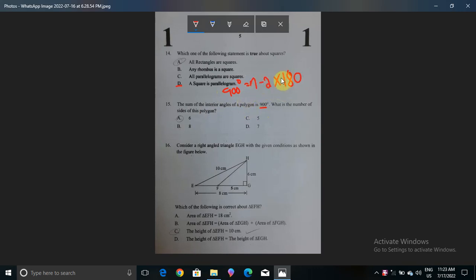After simplifying it, you will get choice 6. That means choice A is the correct answer for question number 15.